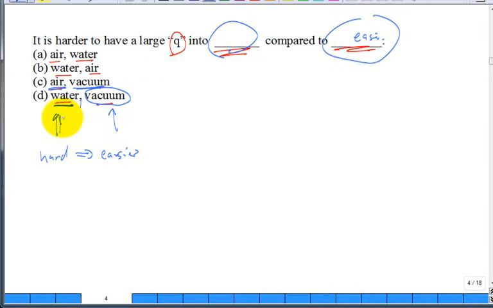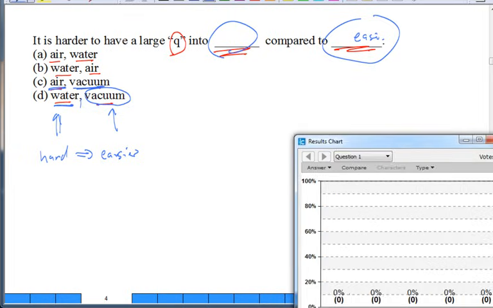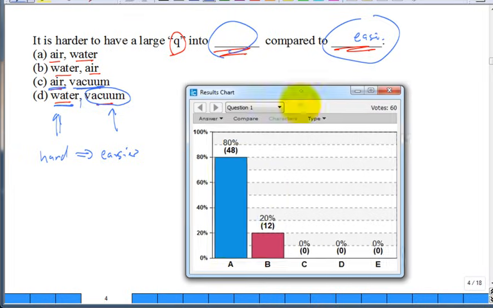I tried to reword this a couple times and I failed, but that's the idea I want to get across. Most of you caught it. It's right: it's harder to dump heat into air than water, and it's easier to dump it into air or water than into a vacuum. A vacuum has nothing but radiation to take it away, so that's really hard to dump heat into.